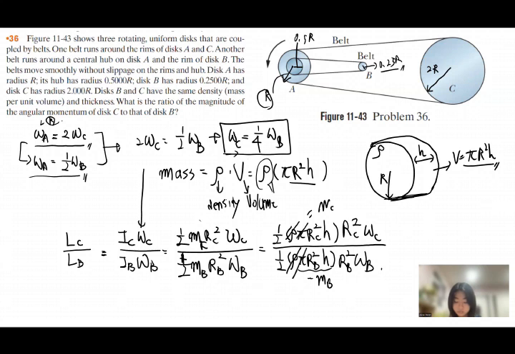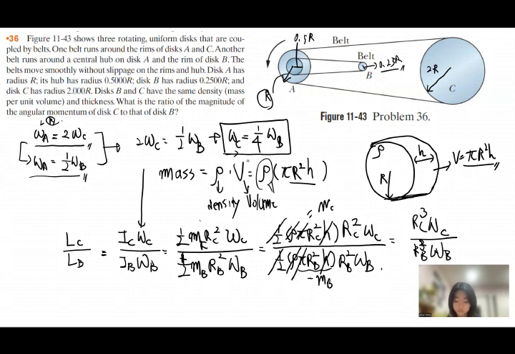Pi is gone. h is gone, the thickness of the disk; we assume they're the same for B and C. And 1/2 also disappears. And that leaves what? R_C cubed times omega C and R_B to the fourth, sorry, cubed times omega B.